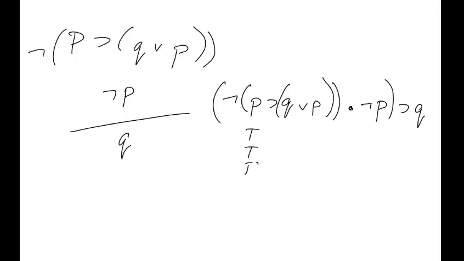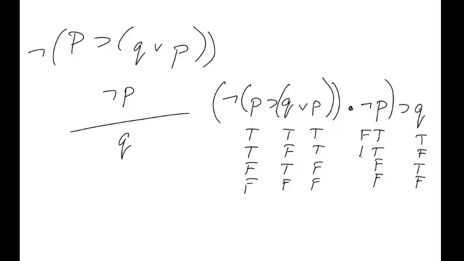T, T, F, F; T, F, T, F; T, T, F, F; T, T, F, F; T, F, T, F. Okay, so the negation of P would be F, F, T, T.